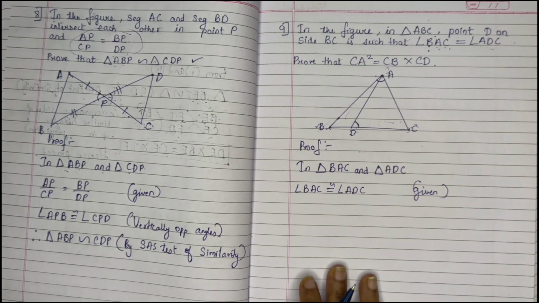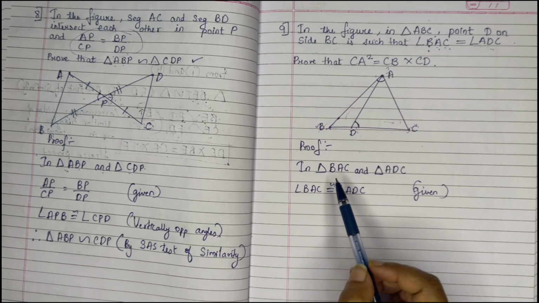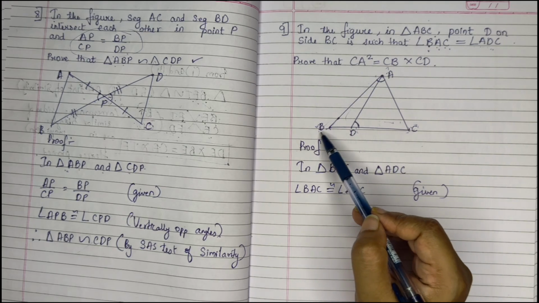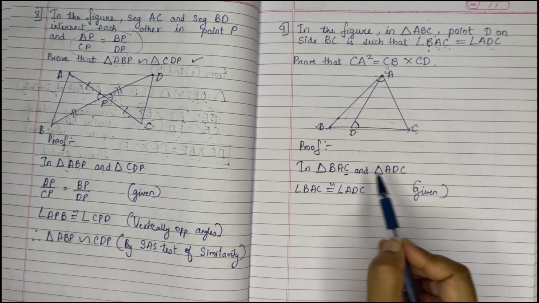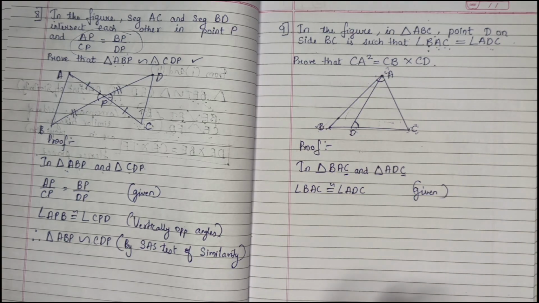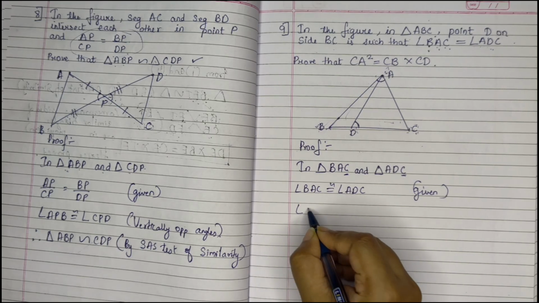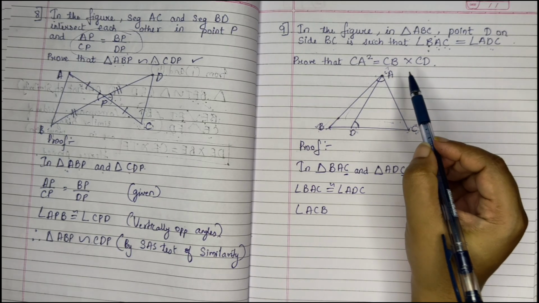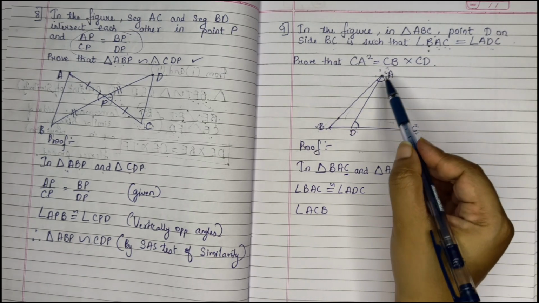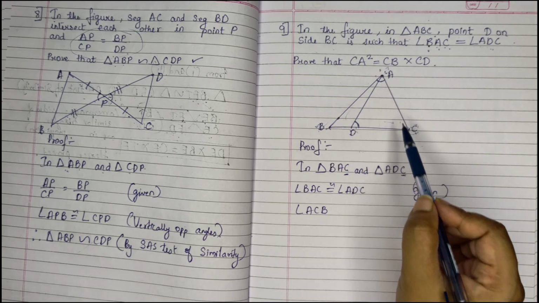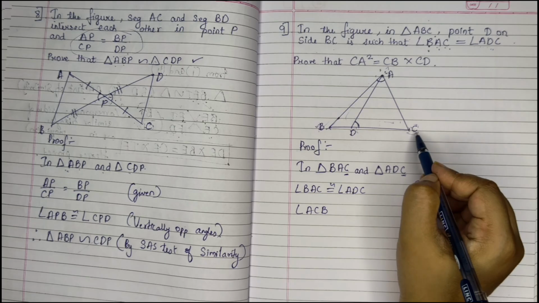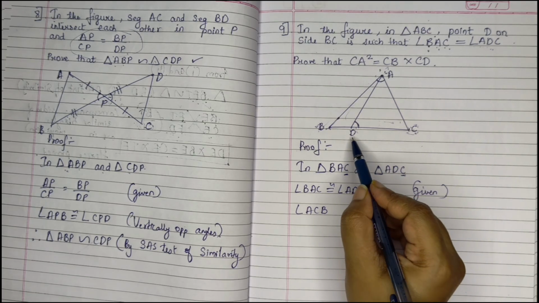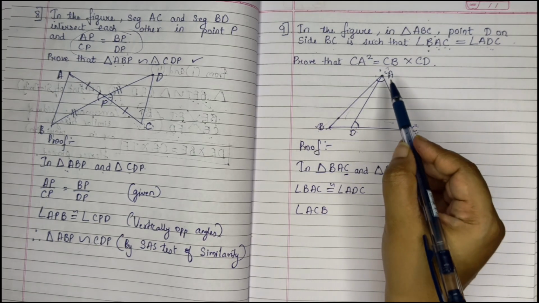Second one, for these two triangles that we have taken, BAC and ADC, you can see that C is a common angle for both the triangles. So we can take angle ACB, the bigger triangle first.